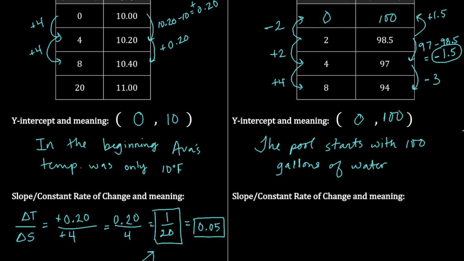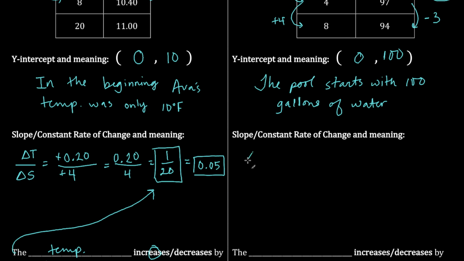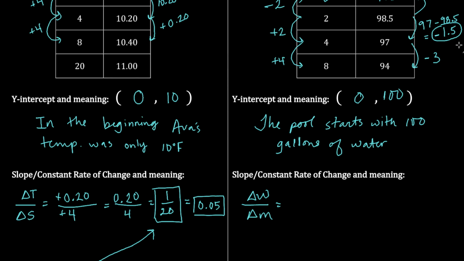Cool. The slope is the change in water over the change in number of minutes, change in time, right? So the water, let's just use this first one, decreased by 1.5 gallons every 2 minutes. Negative over positive is a negative.